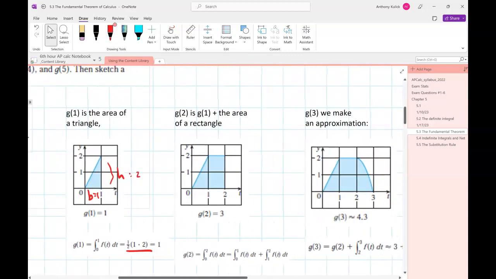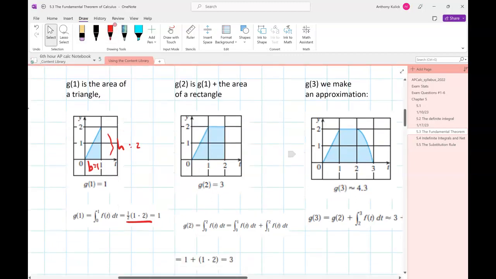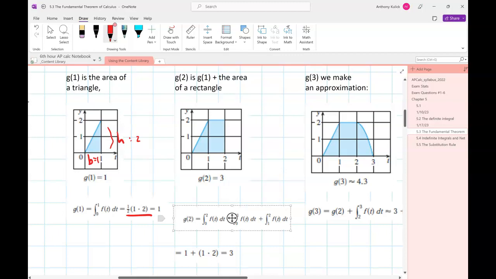Okay. So if I want g of 2, that's going to be g of 1, my triangle, plus this rectangle. Everybody agree with that? So g of 2 is the integral from 0 to 2 of f of t dt, which I'm going to break into the integral from 0 to 1, and then the integral from 1 to 2.